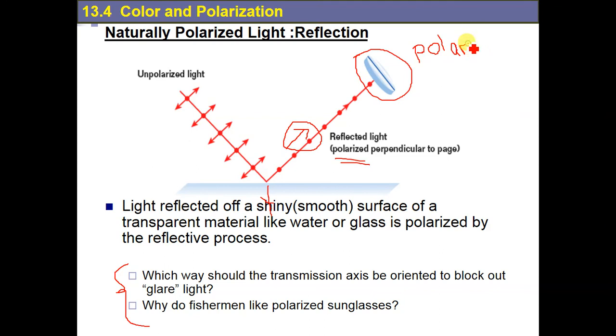Transmission means using polarizing filters. If I want to block the light here totally, I can use a polarizer. Which way should the transmission axis of the polarizer be oriented to block the glare light, the light which is reflected? And why do fishermen like polarized sunglasses?